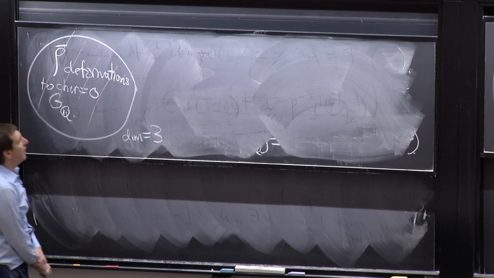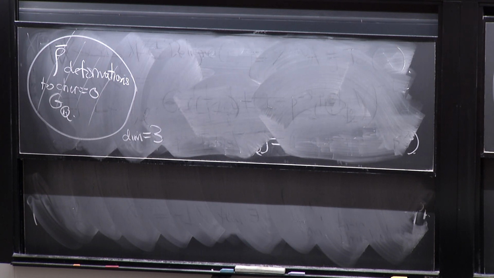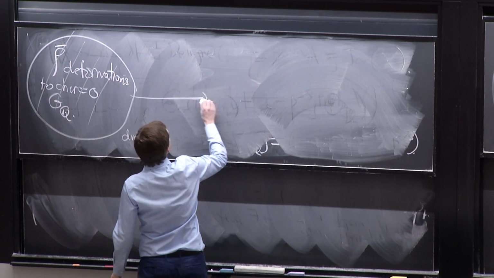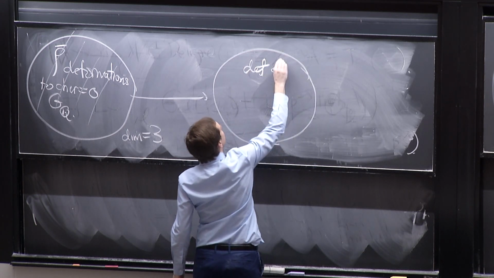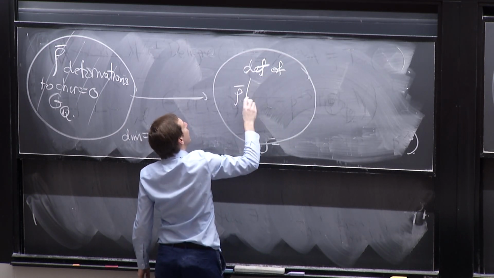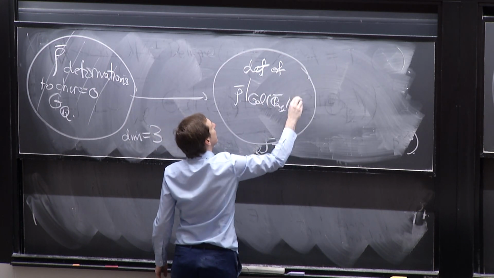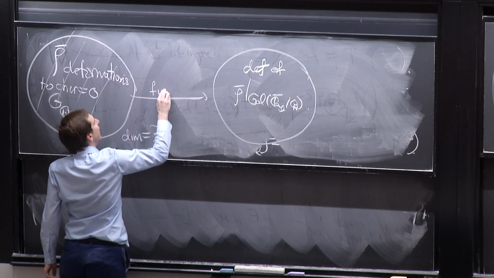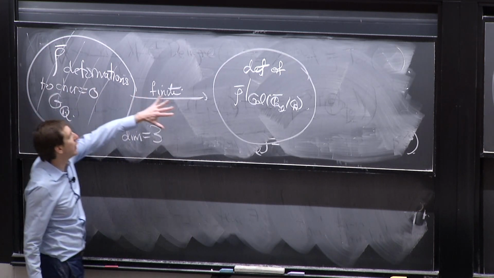Okay. So what is it that we want? We want to impose the condition that the local representation has a very nice flavor. So what we should do is we should map to the local deformation space. So here, the deformation space of rho bar restricted now to this decomposition group at L. Okay. So this map, in fact, is generally a finite map. So you wouldn't lose so much by even imagining you have an inclusion here.